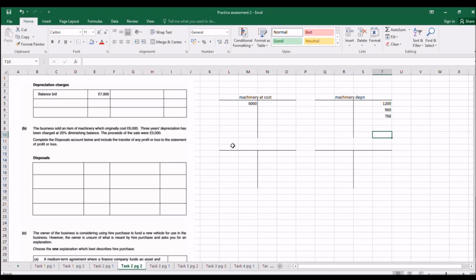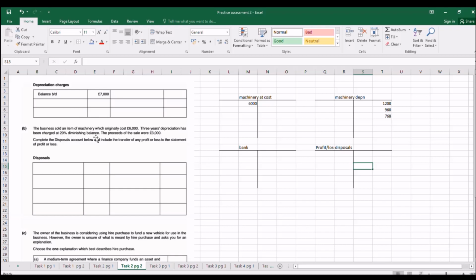Proceeds of the sale, so let's go bank, and then we've got disposals. Now that would be what it would be called there. I'm going to make it a bit easier. I'm going to go profit or loss on disposal, and by using this phrase, profit or loss, you're going to notice that this is going to be the thing that's transferred to the statement of financial performance, or the statement of profit and loss account, however we want to call it.